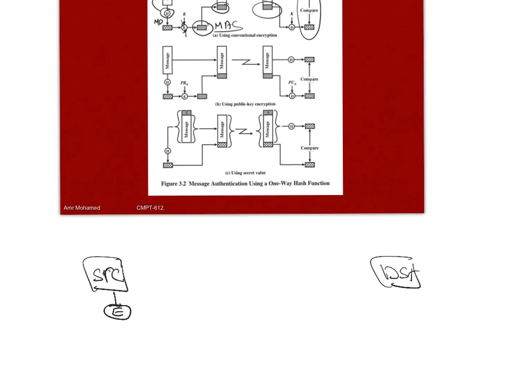Which key do we use for encryption? The public key. So we use the public key to produce the encrypted message and send it, and the destination decrypts the message using the private key.